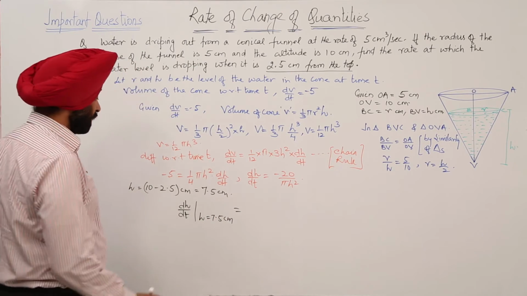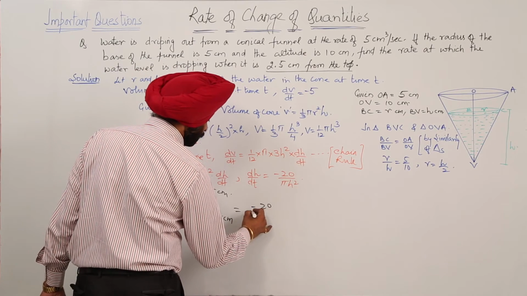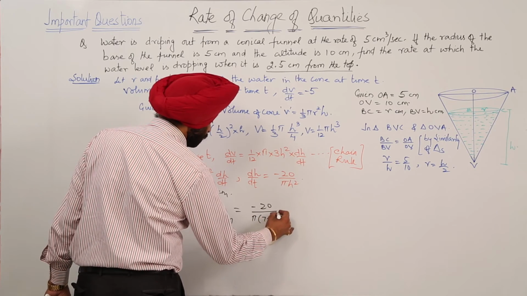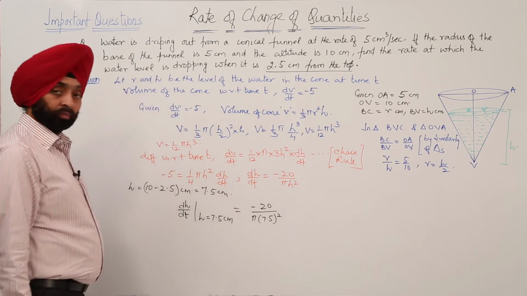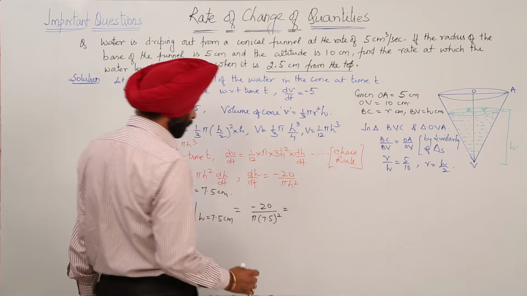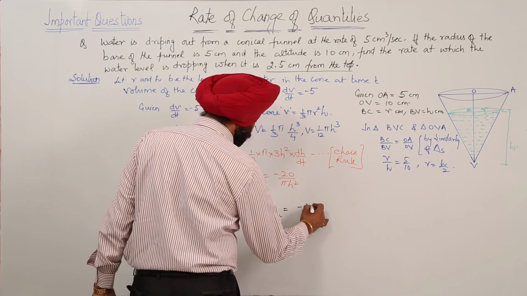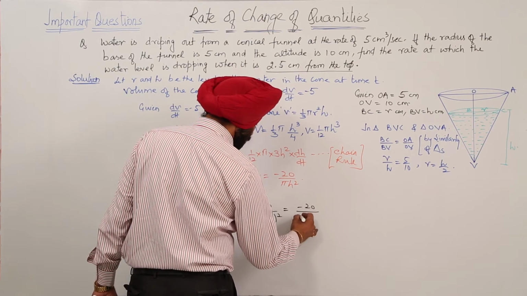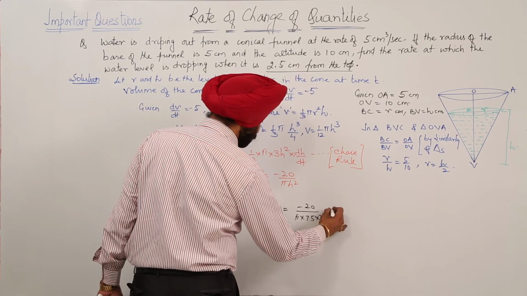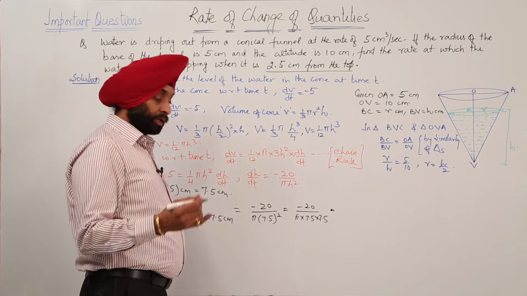Then what we are having? Minus 20 upon pi 7.5 square. Okay, on solving this part we are having negative of 20 upon pi with 7.5 with 7.5. Now square of 7.5, or you can directly go for it.